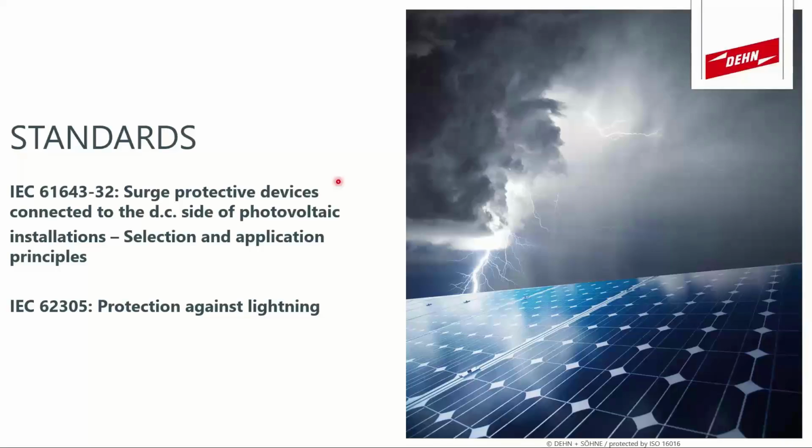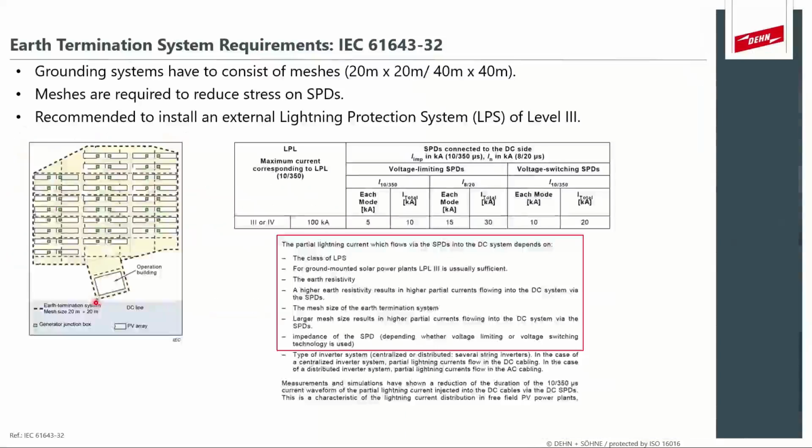There are two main standards that we use for lightning protection in PV plants, which is the IEC 61643-32, and also the main lightning protection standard, which is IEC 62305, and it's made up of 4 parts. If we go into IEC 61643 part 32 first, there's an annexure A at the back of the standard that clearly highlights the mitigation techniques for a free field or utility scale PV plant.